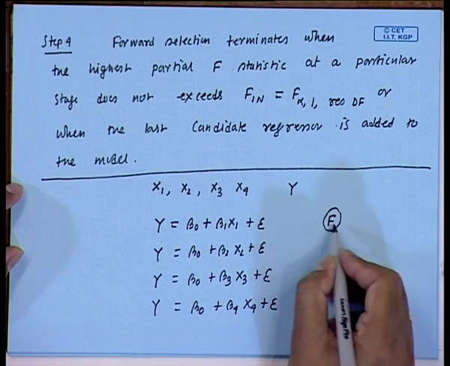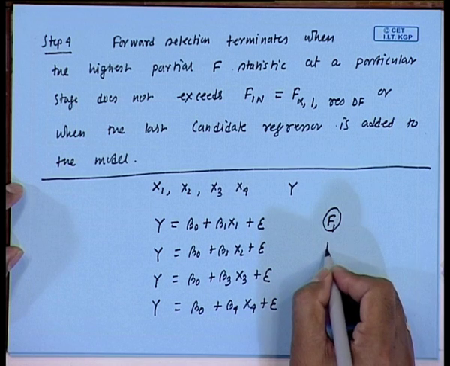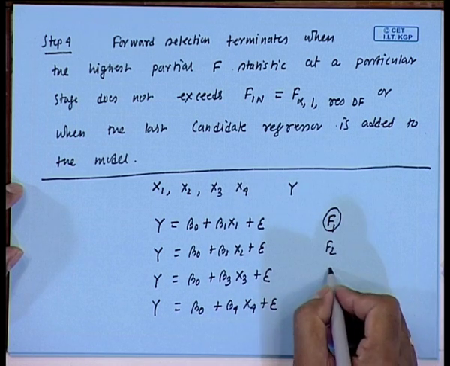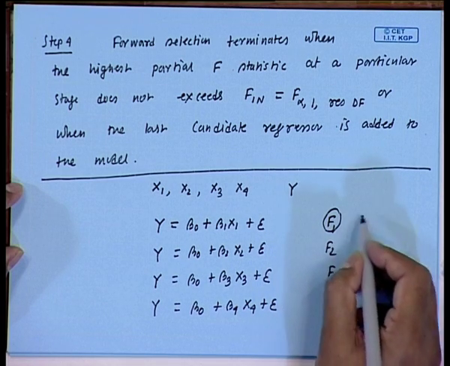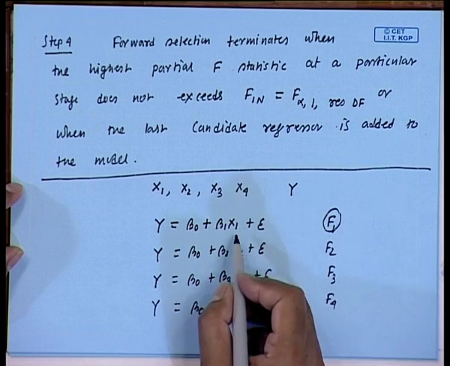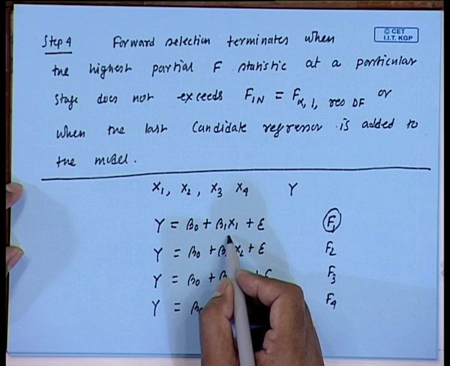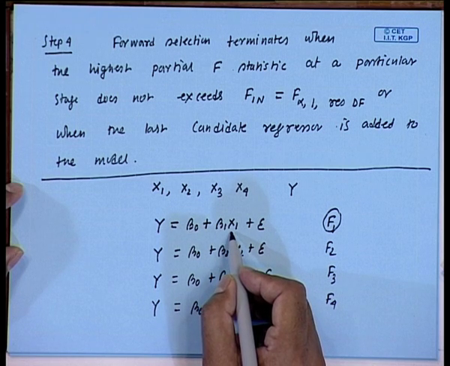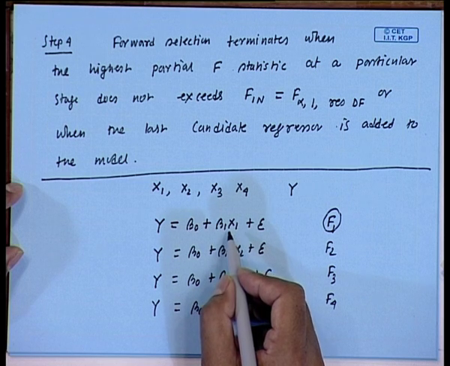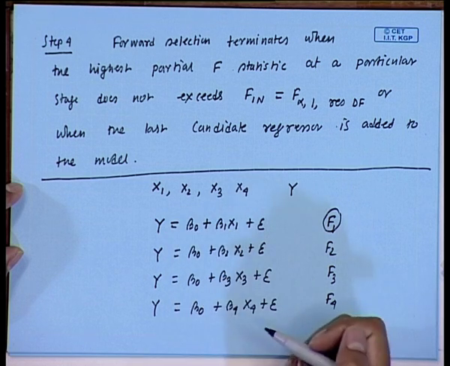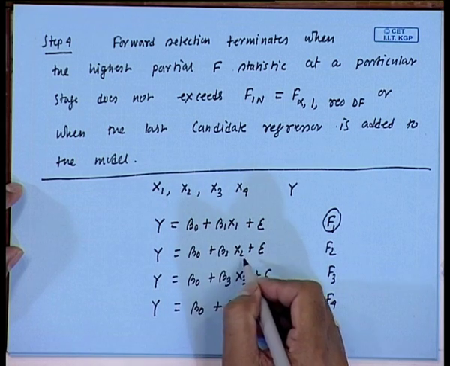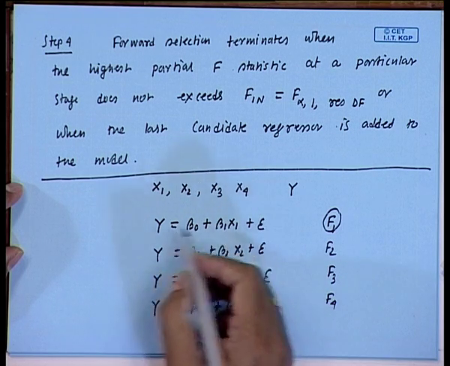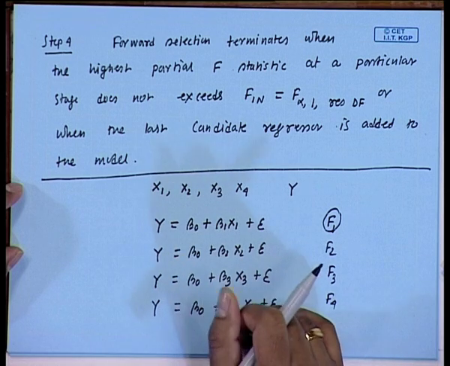Say F1 is associated with the first model, this is F2, F3, F4. If F1 is highest, it means the associated regressor x1 is the most significant among the 4 regressors to explain the variability in y.